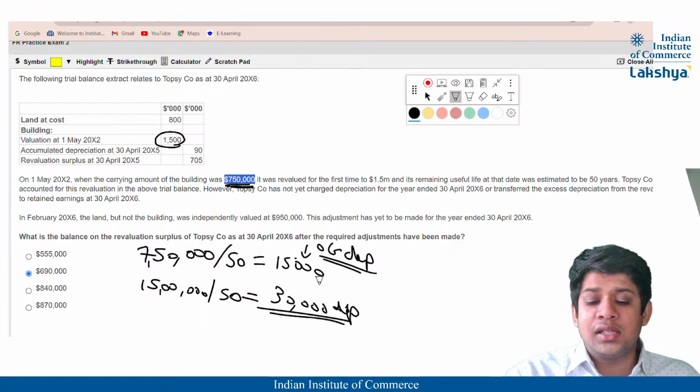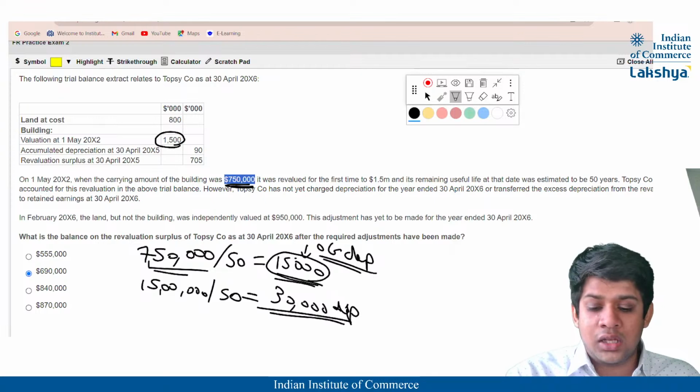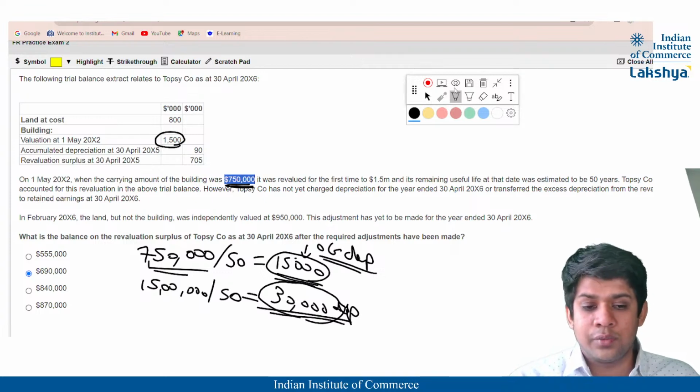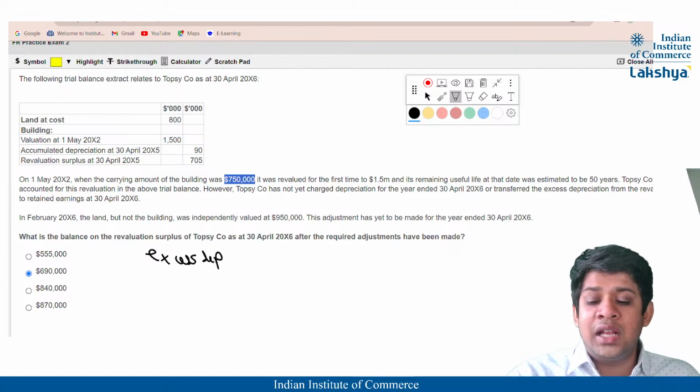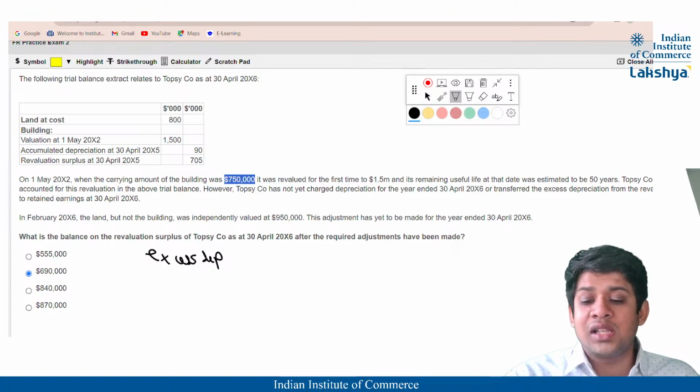So that means, guys, my asset had an original cost of 7,50,000 and originally the depreciation of 15,000. But because the asset got revalued, now the depreciation has changed to $30,000. Okay. So that means there is excess depreciation which is to be deducted every year from your revaluation surplus and taken to the retained earnings, right?